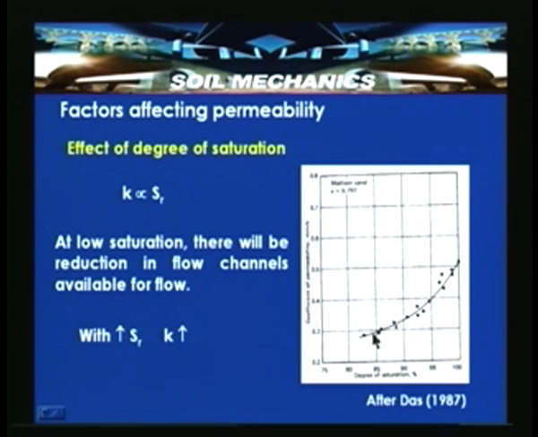As can be seen, with an increase in the degree of saturation, the coefficient of permeability increases. That means the air trapped inside the soil voids is getting shunted out, and because of that the permeability value increases.